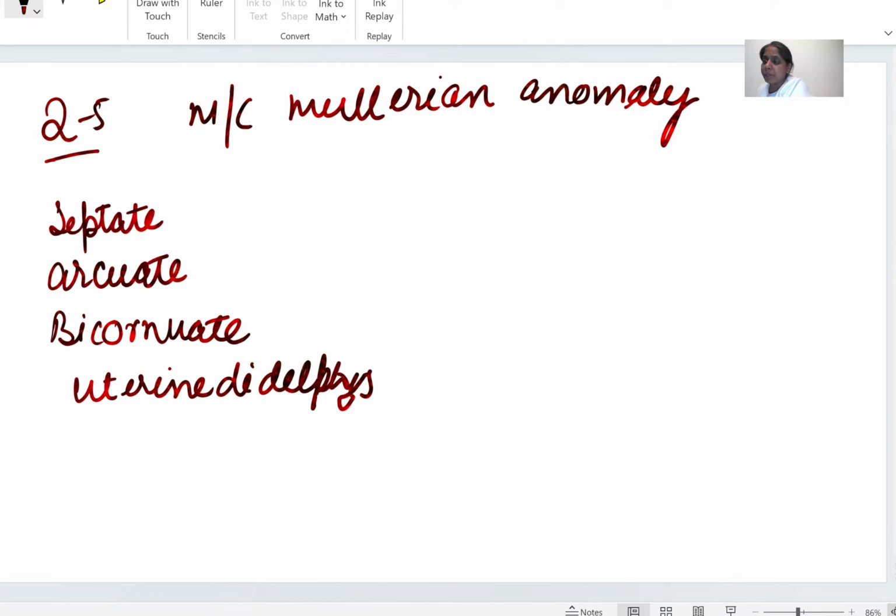Which is the most common Mullerian anomaly? Didelphus patient usually doesn't present with any complaint.